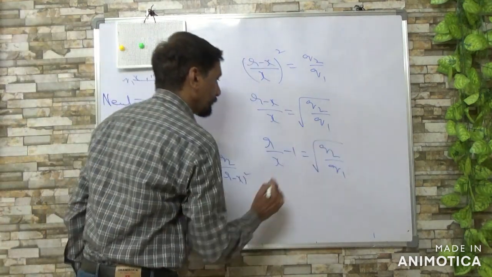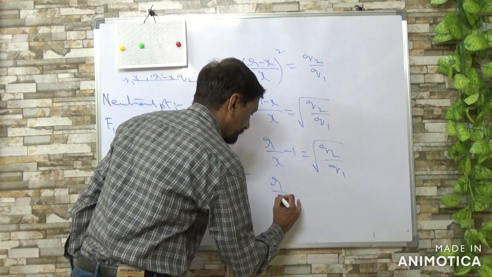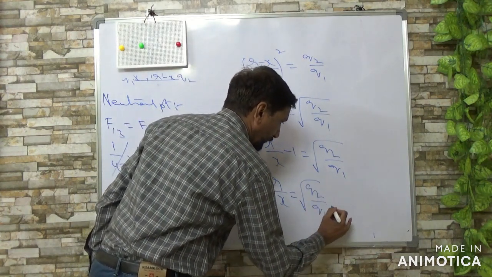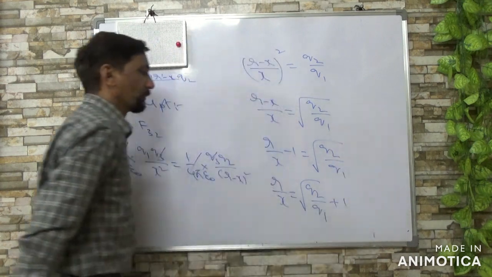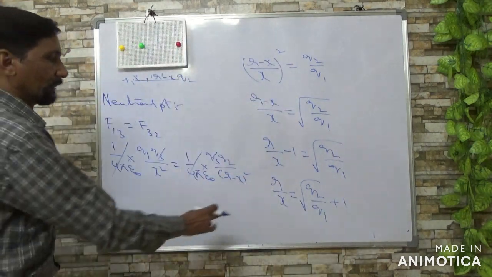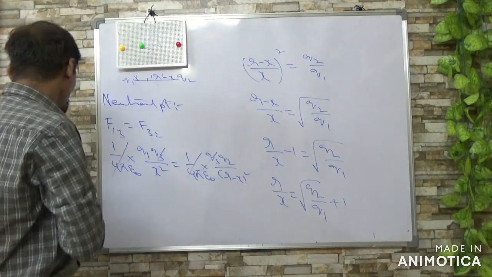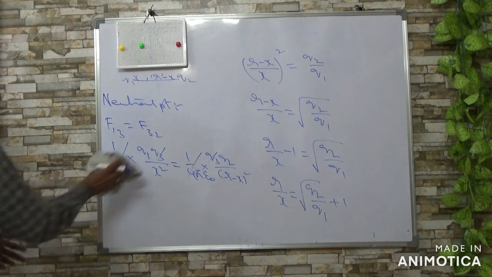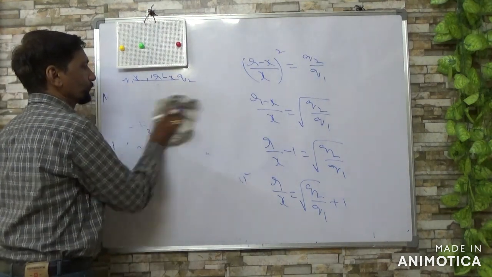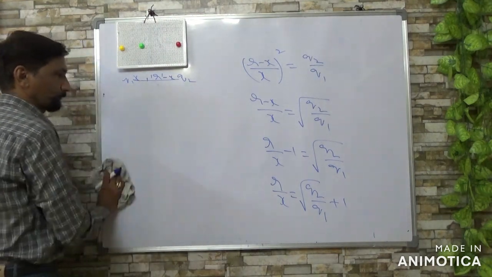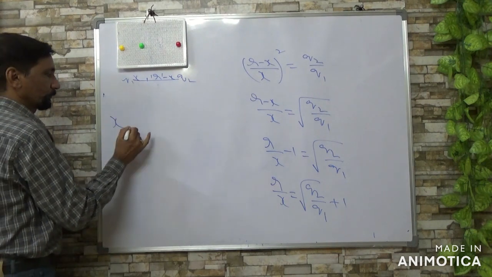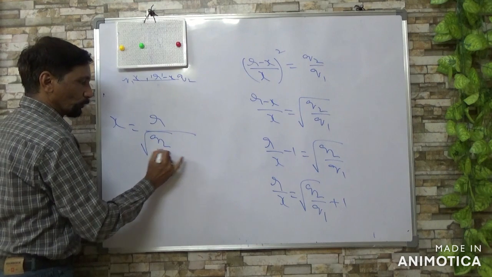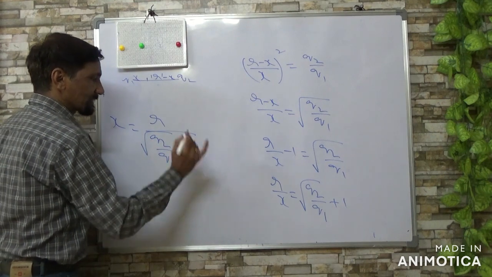Taking it to the other side, you get root over q2 by q1 plus 1. Or else you can find the distance: x is equal to r by (root over q2 by q1 plus 1).